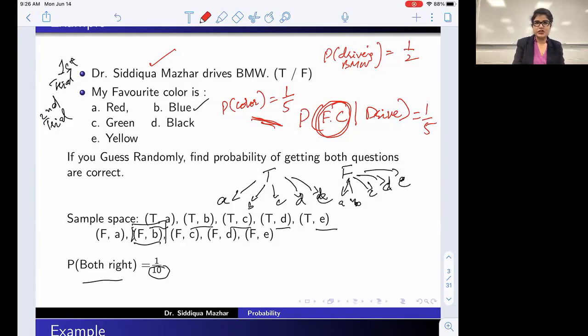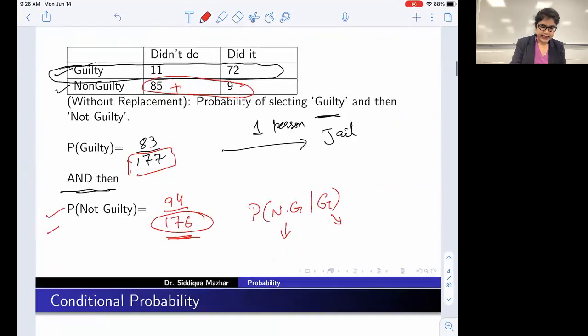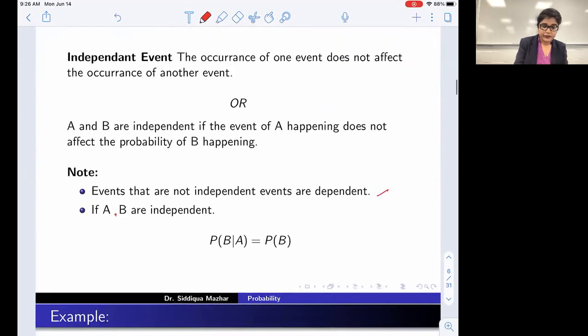So it means these two have the same probability of finding the color, so these are equal. Writing the same thing down here: if your experiments are independent, if event A has nothing to do with event B, then the probability of B given A equals the probability of B. Like my favorite color: B was my favorite color and A was what I'm driving.